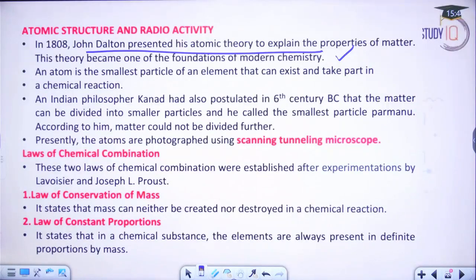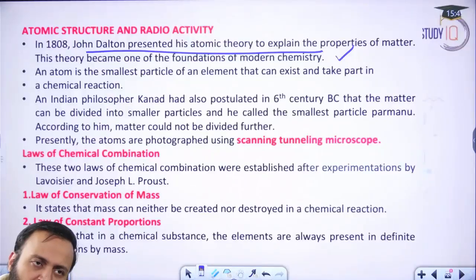This atom is the smallest particle as per Dalton, and it can take part in a chemical reaction. Guys, this was the very basic kind of definition which was used not only by Dalton but also in India.